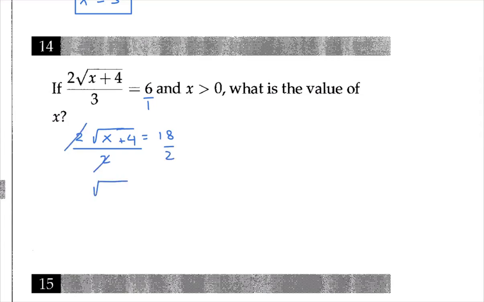So the square root of x plus 4 equals 18 over 2, which is 9. This is very good. Now we need to cancel the square root. What would cancel the square root? Bravo, the square. So we will square both sides. Here we will get x plus 4, and 9 squared is 81. So x is how much? 81 minus 4. The value of x equals 77.